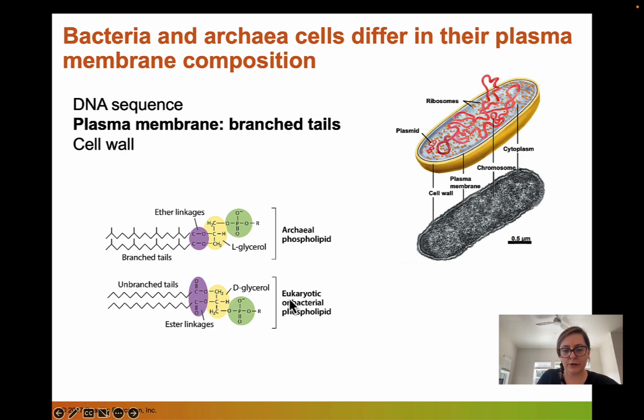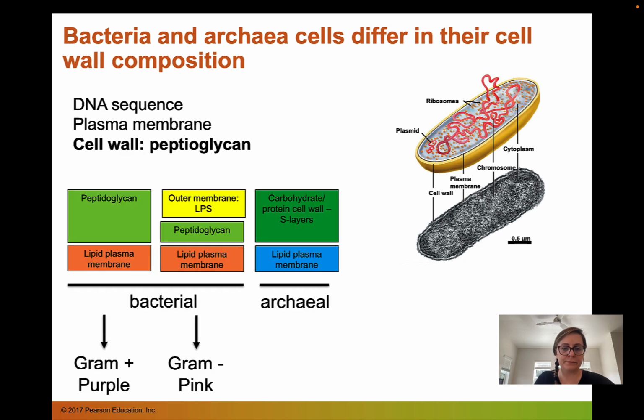Well, this is the case for eukaryotic and bacterial cells, but these archaeal cells, instead of having fatty acid tails, they have isoprenoids in their tails. So this distinguishes archaeal cells evolutionarily from bacteria.